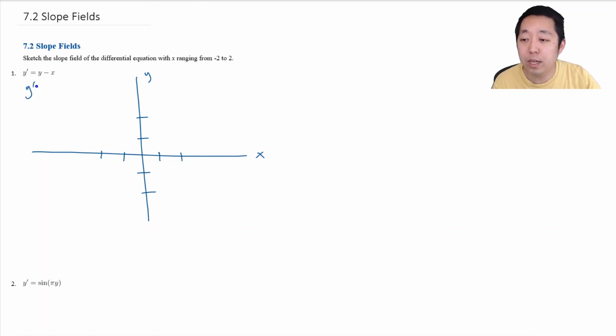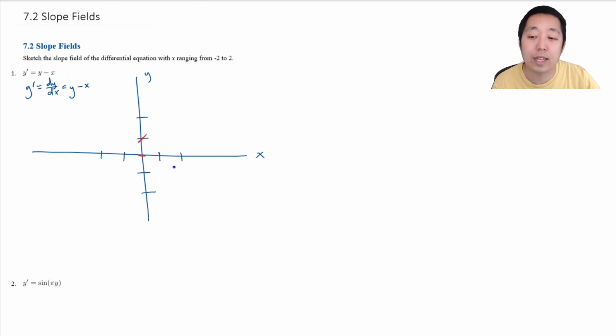Well, y prime, which is dy dx, that's the slope, is equal to y minus x. So at 0, let's plot it in red. At 0, 0, I plug in the values and y prime is 0. So I sketch a little hash line that has slope 0 here. At 0, 1, where y is 1 and x is 0, this would be 1 minus 0, so the slope is 1.